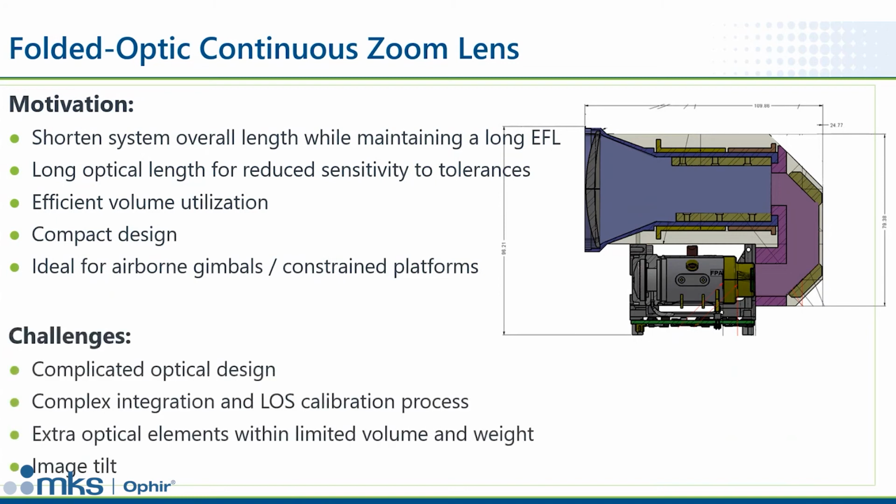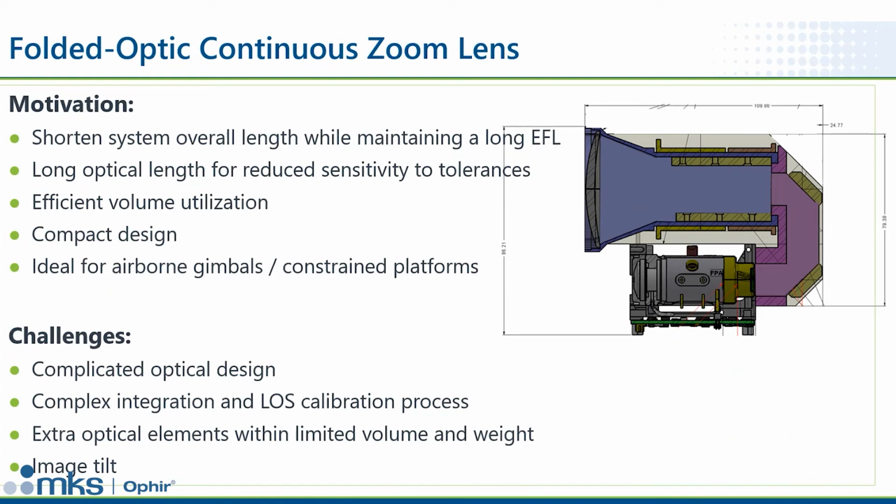However, folded optic design has many challenges. First of all, complicated optical design because of the folding mirrors and because of the long lengths of the optical path. The optical design is more complicated.